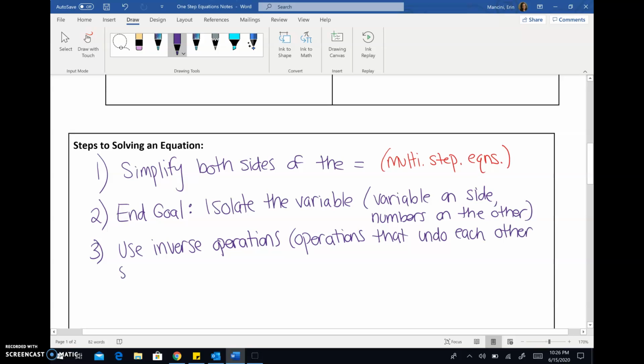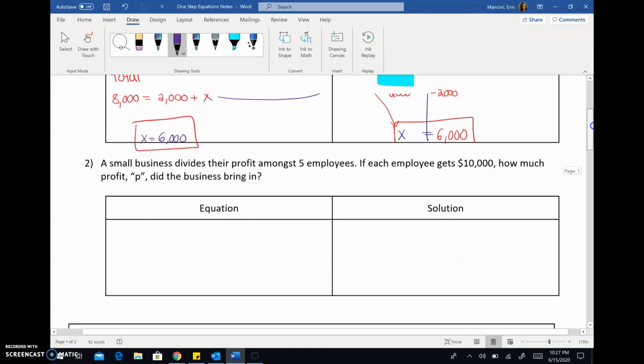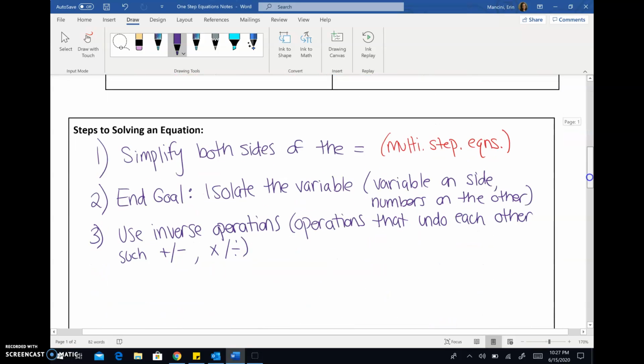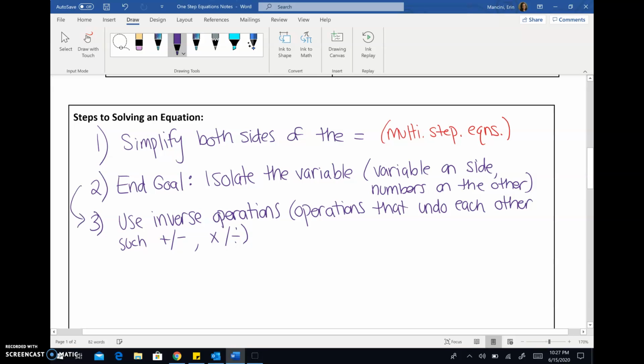Such as addition and subtraction, or multiplication and division. Okay, those are inverse operations because they undo each other, right? Like I did up here. So if I had plus 2,000, I subtracted 2,000 to get the variable by itself. So these two steps are really connected.